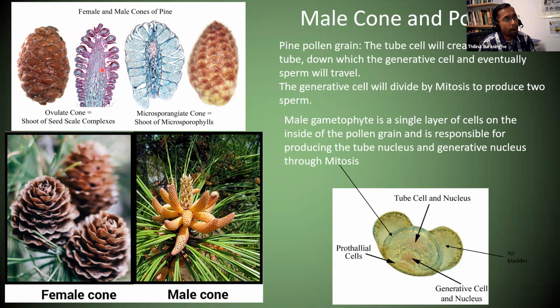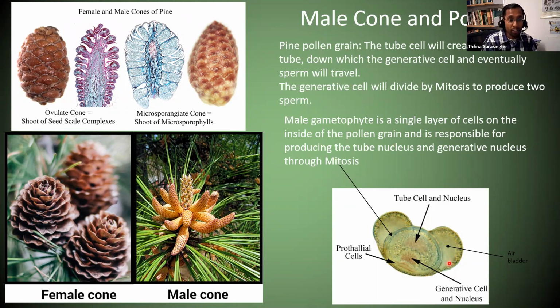Now this comparison is not part of your lab, but I included it just for your knowledge, for your comparisons. You look at the different parts of this pollen grain, or developing male gametophyte. It has two big, huge air-filled structures called air bladders, like a urinary bladder, but instead of storing urine, they are storing air.